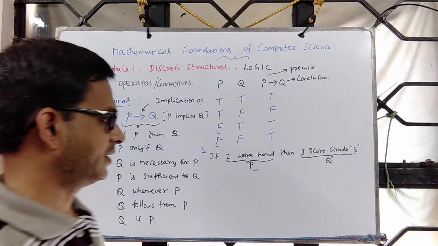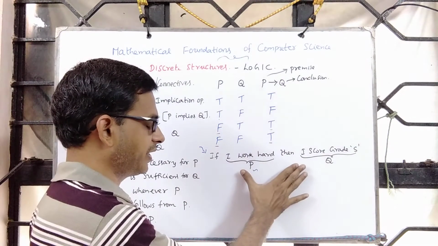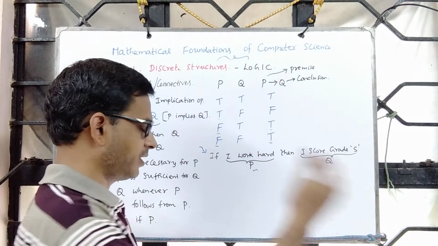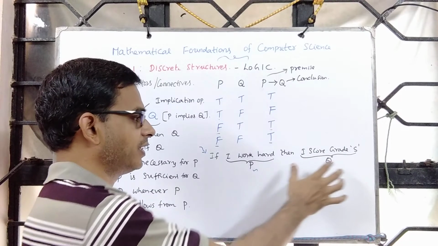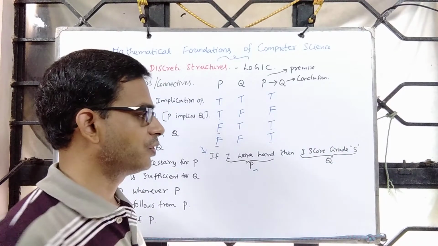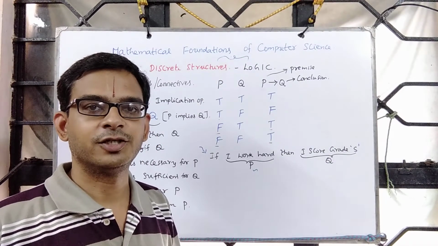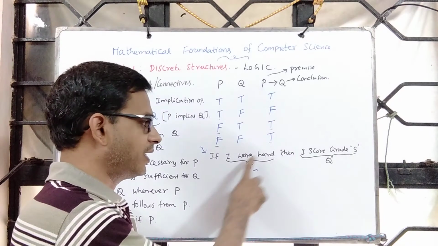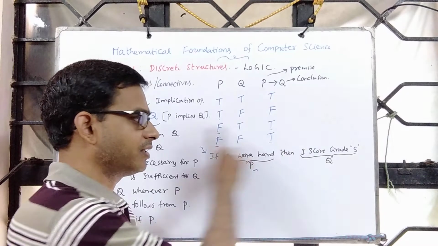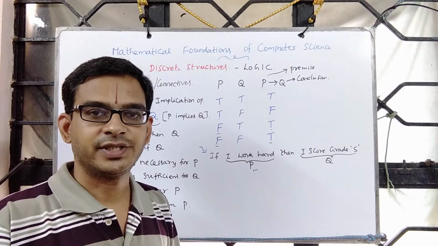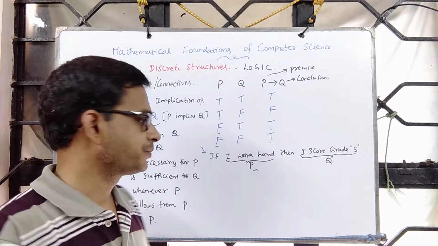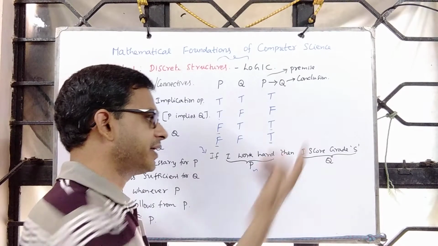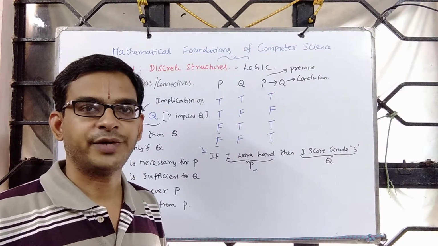You can imagine it like this. A professor is making a statement or a proposition: if so and so works hard, then he or she scores grade S in so and so course. Now you have worked hard and you have scored S, then the professor's proposition or statement is true. And if you have worked hard and you are not awarded S, you are disappointed.